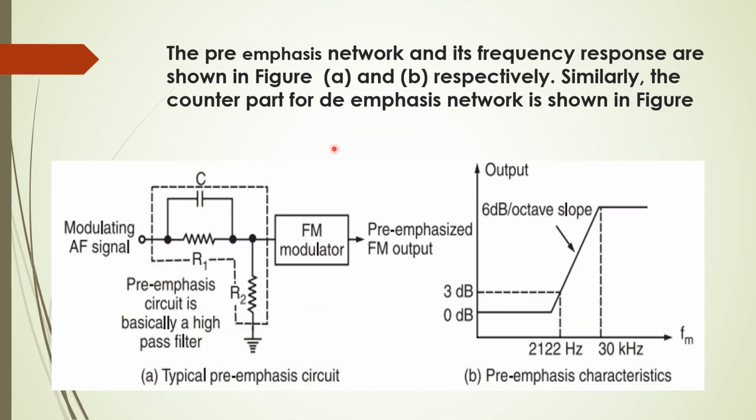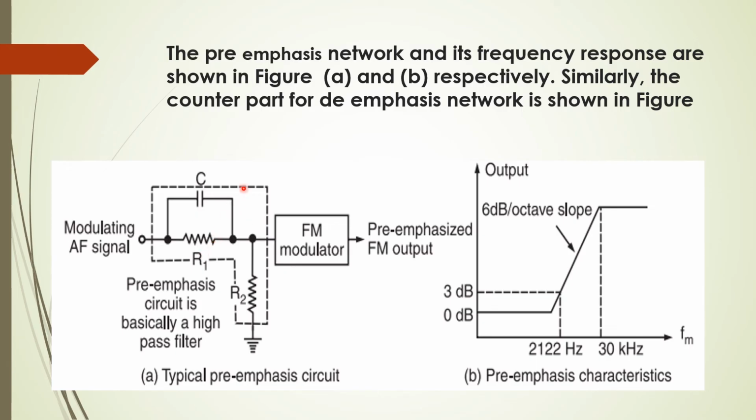Let's see, it's the typical example of a pre-emphasis circuit. Here observe, before we are going to modulate our signal, we need to place the pre-emphasis circuit. That is, before going to modulation, we need to boost up our signals where we have the maximum frequency. This is the circuit for pre-emphasis.